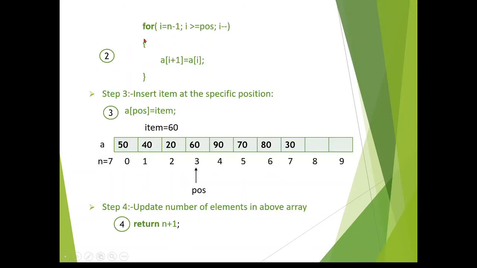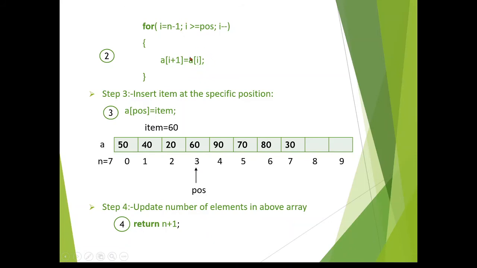Now I have written a for loop here, with i equal to n minus 1. Here the n value is 7, so 7 minus 1 is 6. 6 is assigned to i, and the loop continues while i is greater than or equal to 3, the position where we are inserting an element. 6 is greater than 3, so the condition is true and it comes inside the for loop. 6 plus 1 is 7, and here the i value is 6.